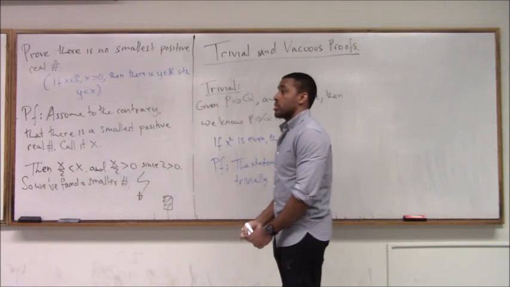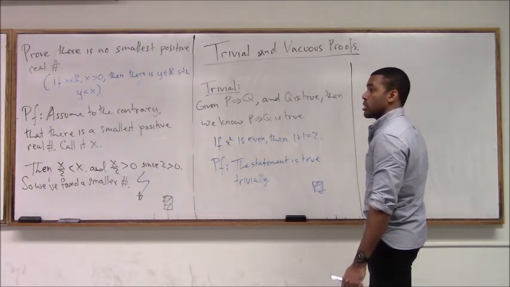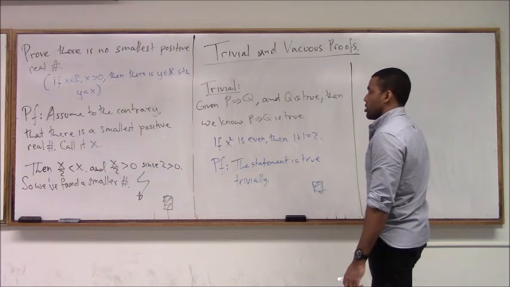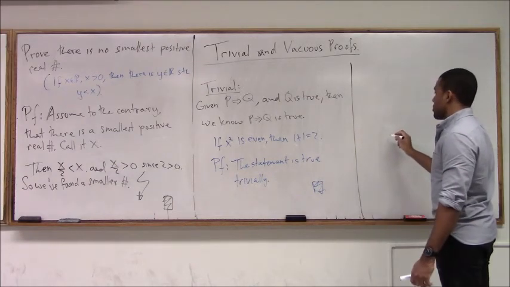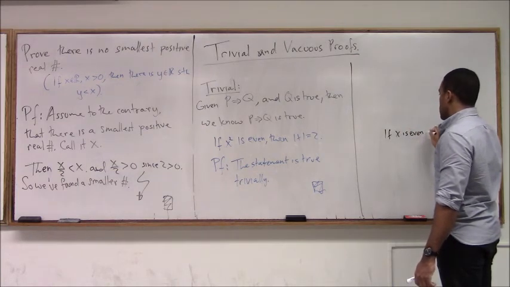Yeah? Could we say the same thing about the first question you asked? If x is even, x squared is even. Can we use that trivial proof to prove that? No, you couldn't do that. Because you said if the first statement is true, the second one would be trivial.